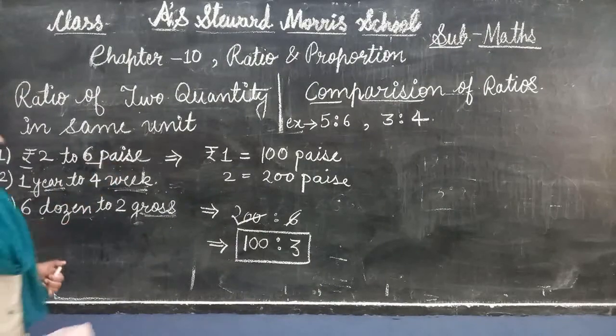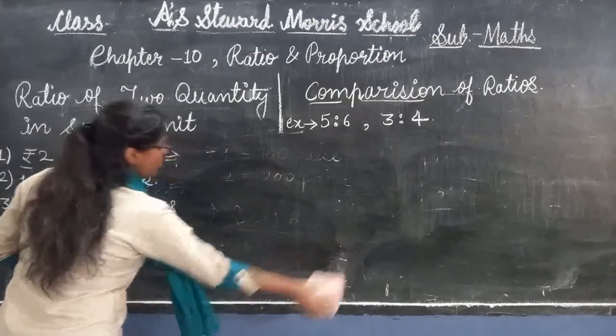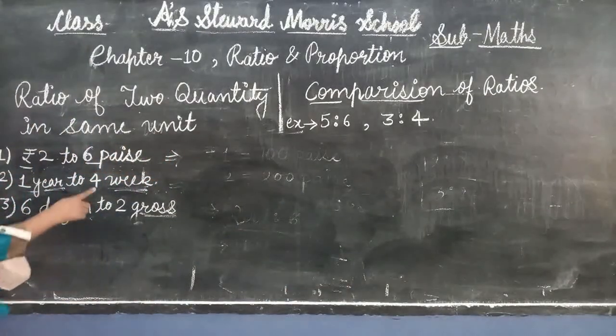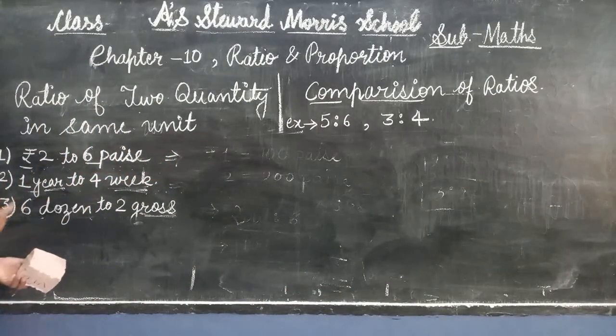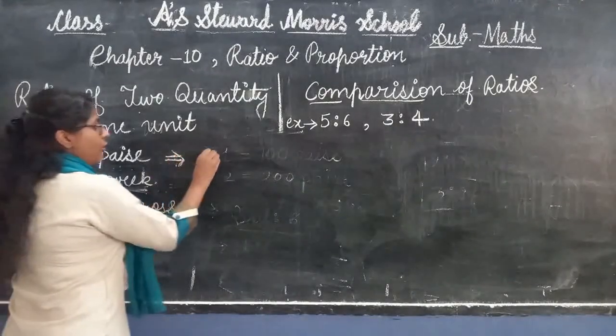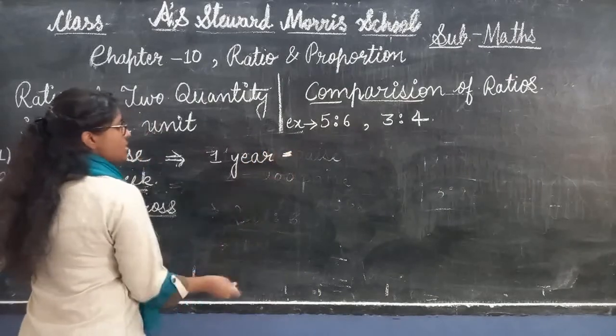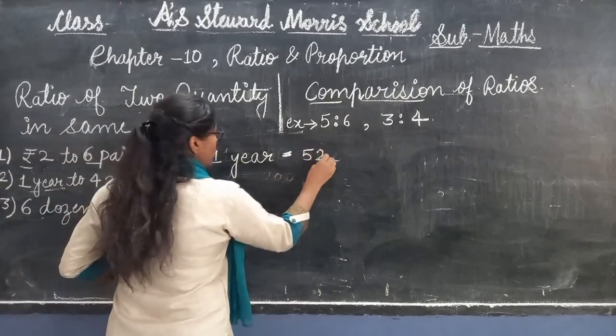Got it? Now let's see one more example: 1 year to 4 weeks. How do you write this? You know very well 1 year is equal to 52 weeks.